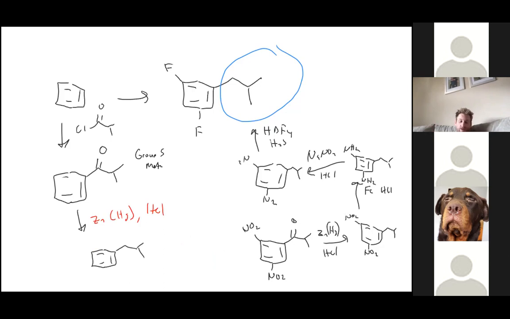This is going to give us an ortho-para director, and then we're not going to be able to get the meta to each other. So as long as you added meta directors continuously, you can create a pathway that works for this one.